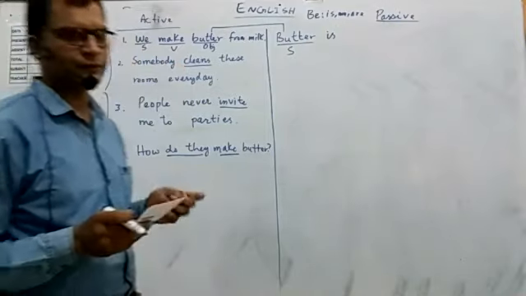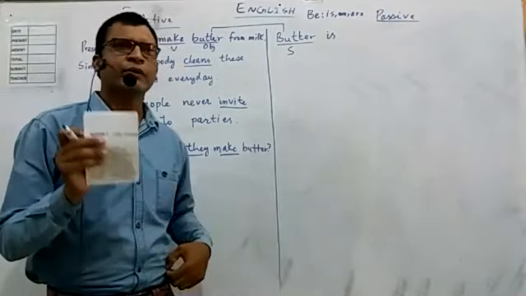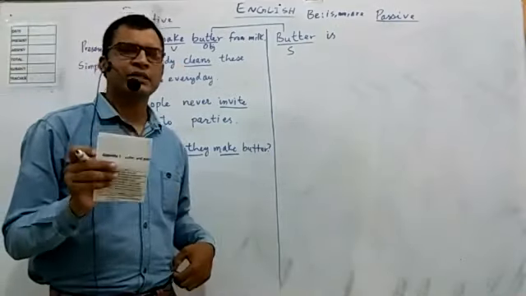In passive, remember always, in passive we always use the third form of the verb. So the third form of make is made. Then we have this remaining part of the sentence that will come in the end as it is.